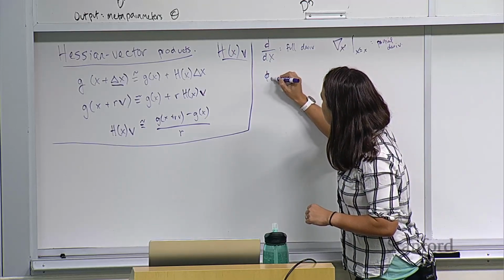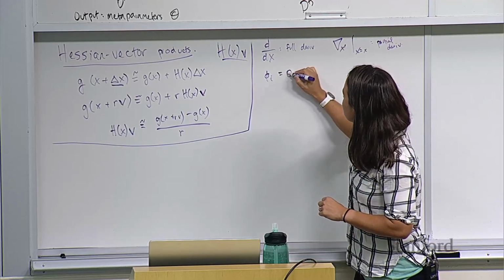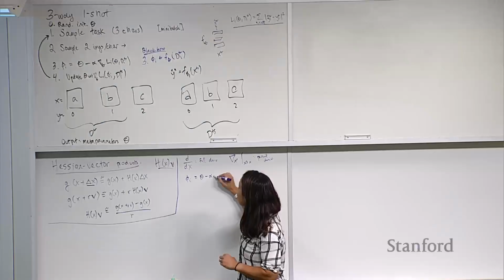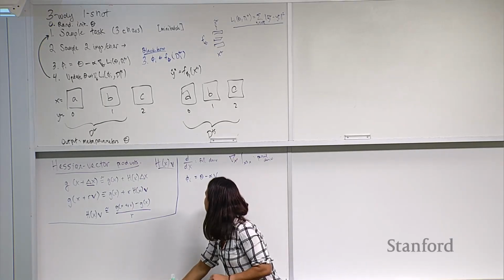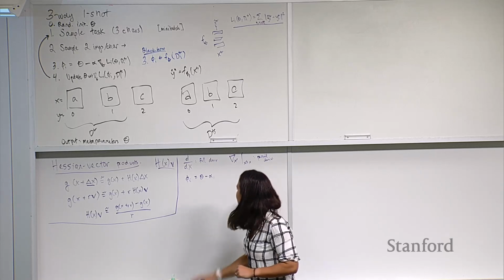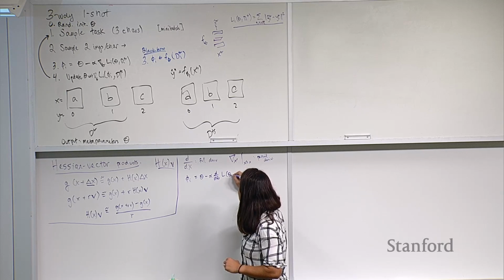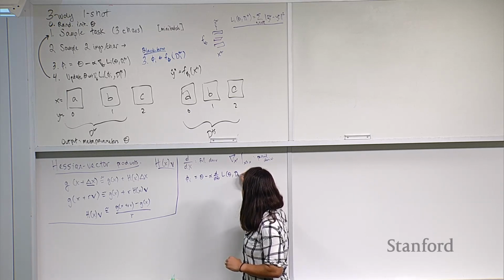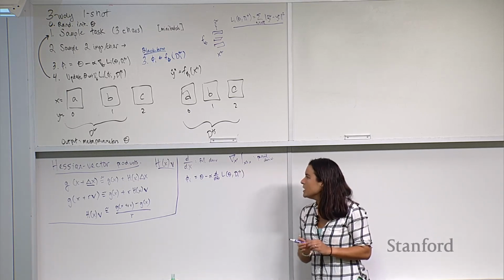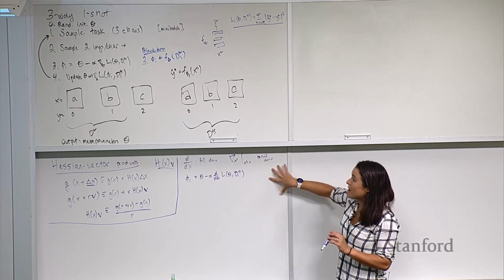And remember that phi i is going to be equal to theta minus, let's use the full derivative here, d theta of L of theta comma D i train. Cool, so this is everything that we had before.